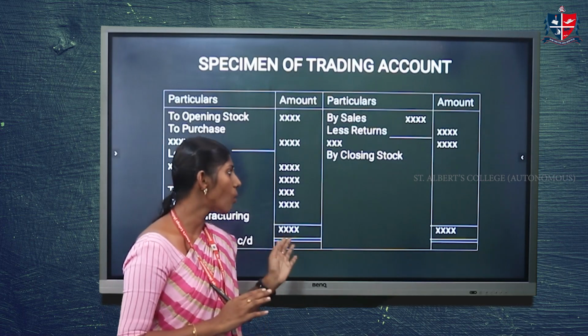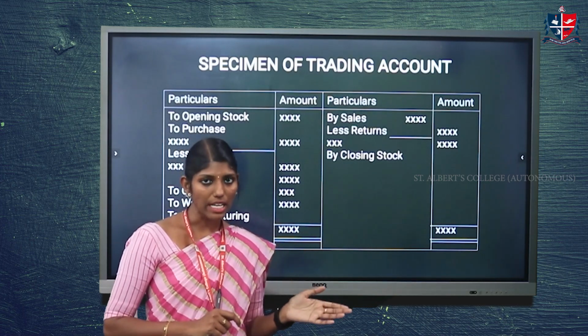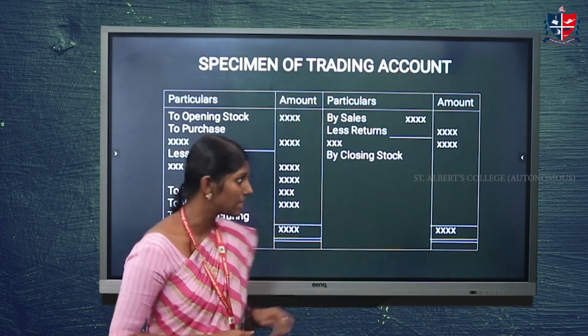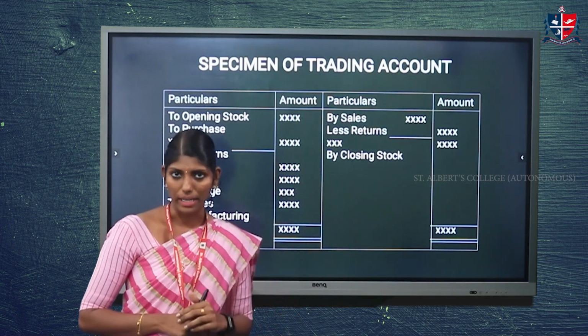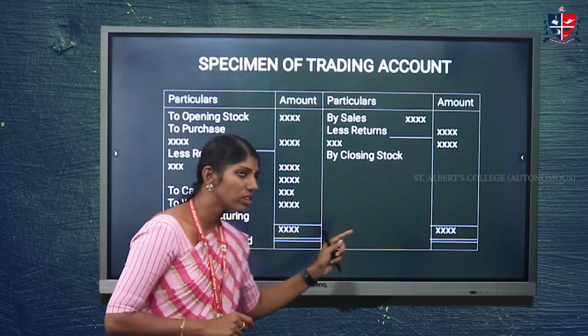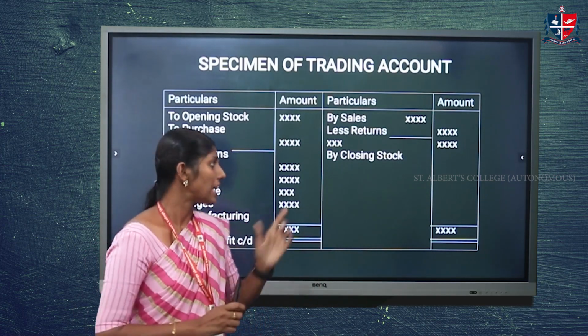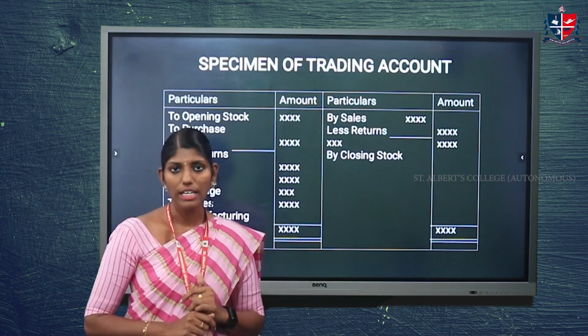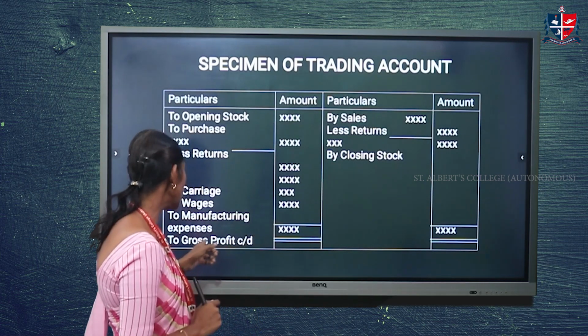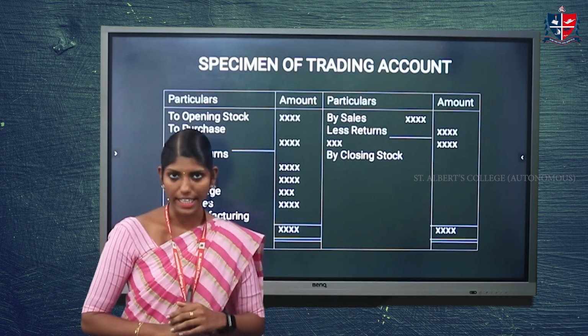After writing all these items on the debit side and credit side, we have to total both the sides, and the highest total should be recorded on both the sides. If the credit side is more, the difference is known as gross profit. That should be written on the debit side of the trading account.